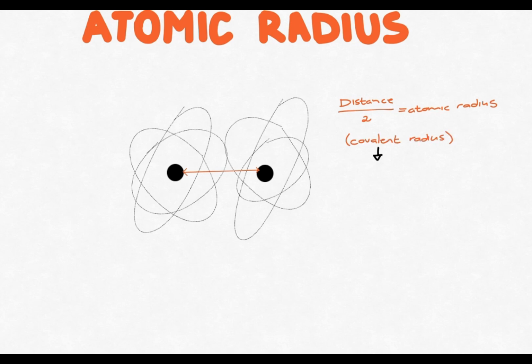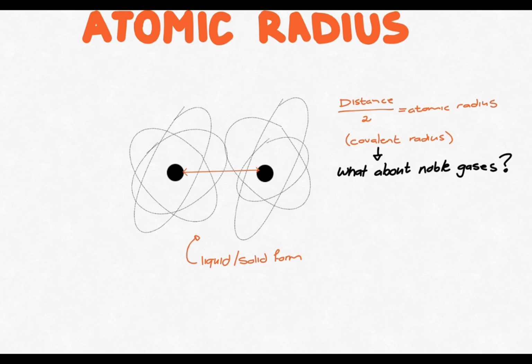Now what about noble gases? Noble gases cannot form covalent bonds because they are stable. They already have all their outer shell electrons, so they won't bond with the same atom. So what they do with this is they compress the noble gases and cool down the noble gases into a liquid or solid form. This means that the atoms of the noble gas will be very close together, almost like being bonded, but not quite.